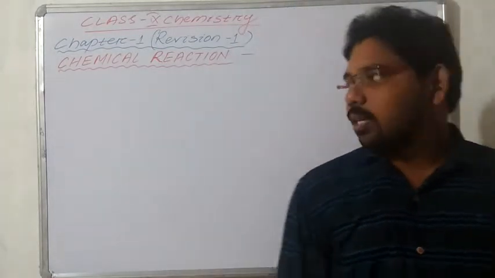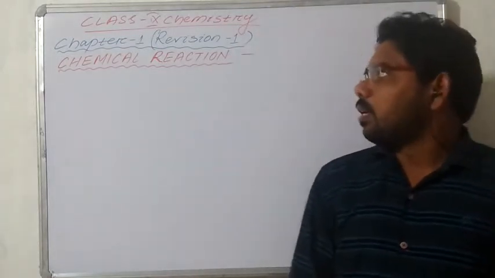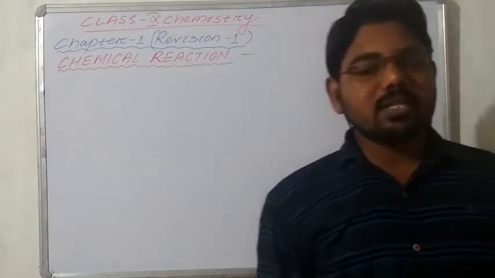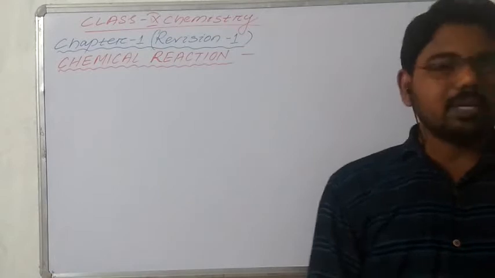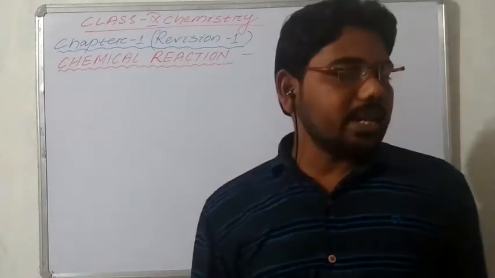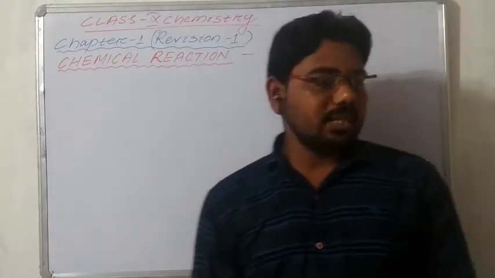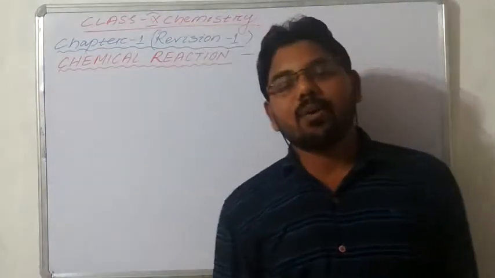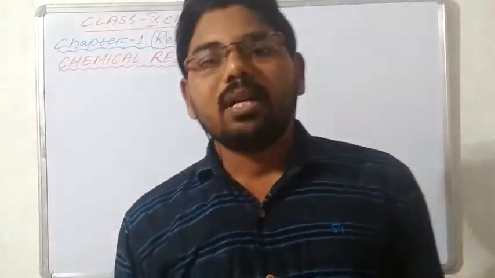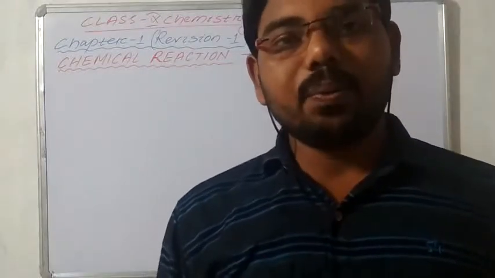Okay, so let's start. First, we are discussing chemical reactions and equations. What is a chemical reaction? A chemical reaction is a change in which one or more reactants combine to form a new product or new substance.